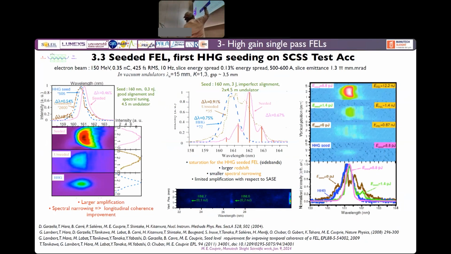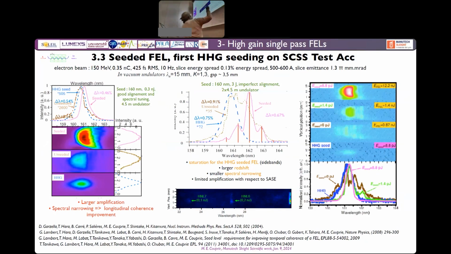We also have these side-bands here, which are related to the synchrotron oscillation at saturation. This also enables nonlinear harmonics, as we can see here. So seeding with HHG indeed works.